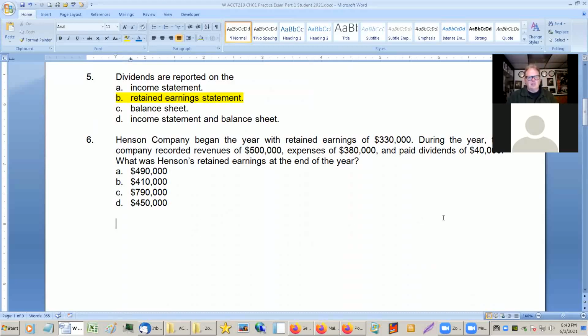Six, got to do a little ciphering in here. So we have beginning retained earnings of... now we have to find our income.